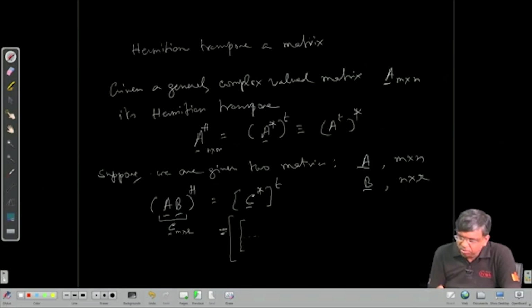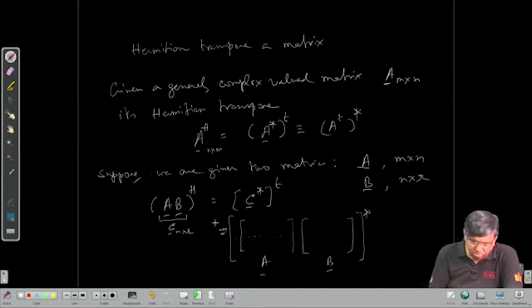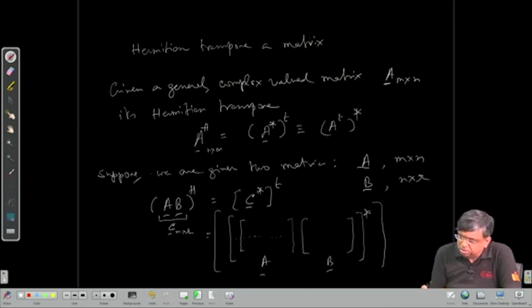Typically, the ith row of A and jth column of B, when you multiply them, you get the i comma jth element of C. Then the outer operation is transpose.